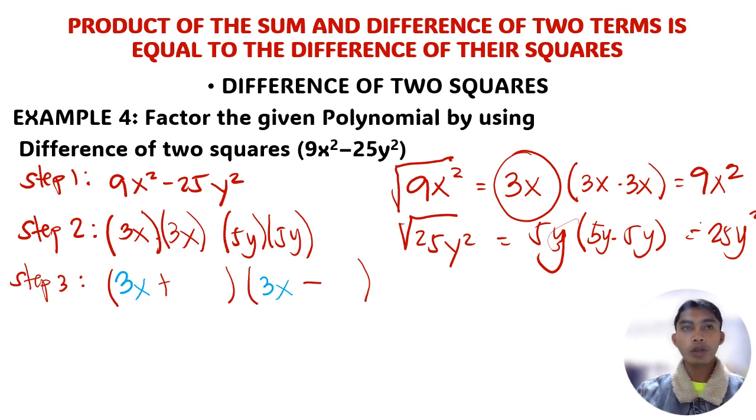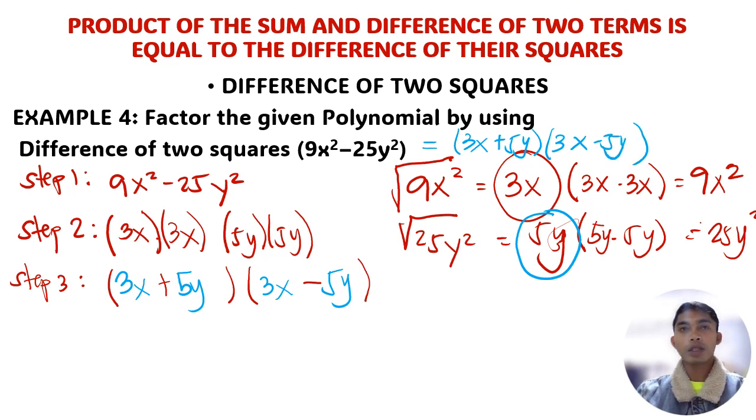Then for the second term, simply copy the 5y and then 5y. Therefore, the factored form of example number 4 is 3x plus 5y times 3x minus 5y. So that's it, our final answer for example number 4.